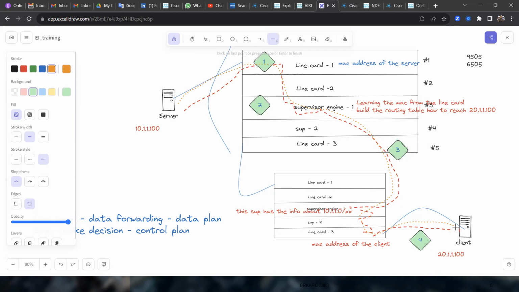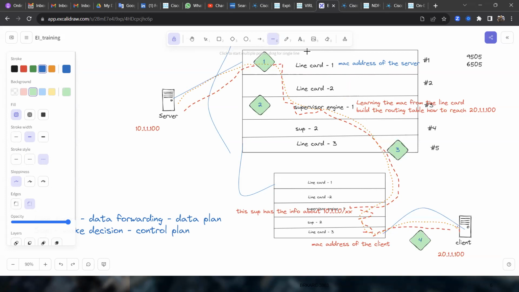But once the supervisor engine knows that line card to line card forwarding is happening, then the supervisor engine is intelligent enough that it will simply program the line card to do the communication from line card to line card.